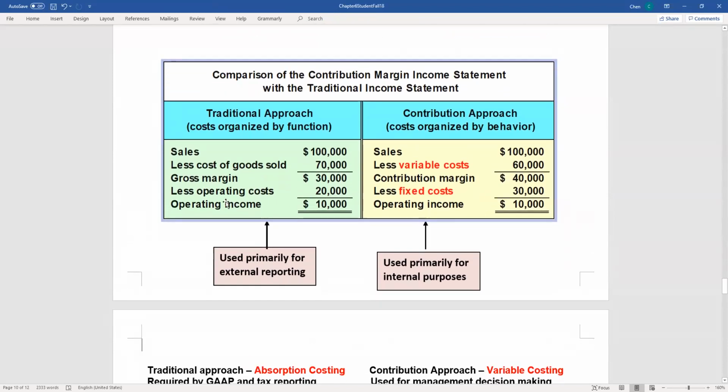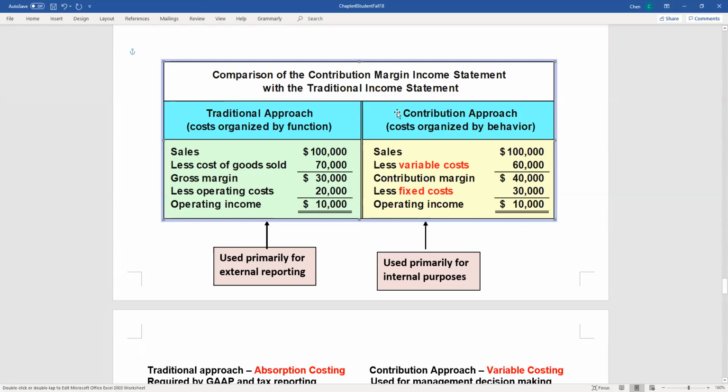Either way you use these income statement approaches, you're going to have the same operating income. But the traditional approach income statement is more aligned with the SEC requirements, so it is used primarily for external reporting, while the contribution approach is used more for internal purposes.